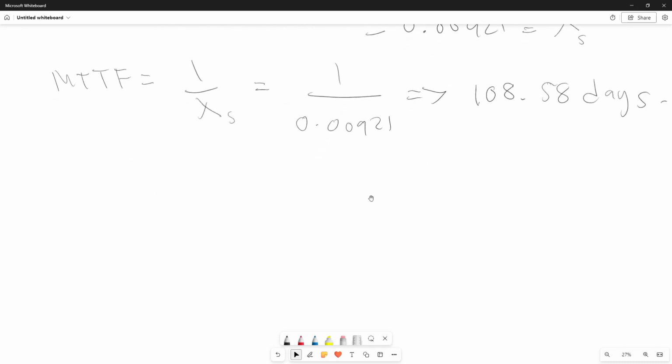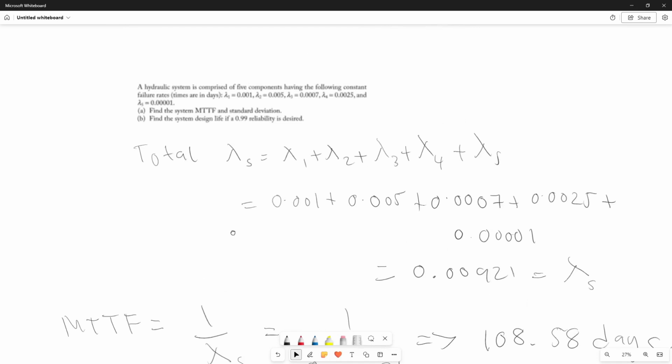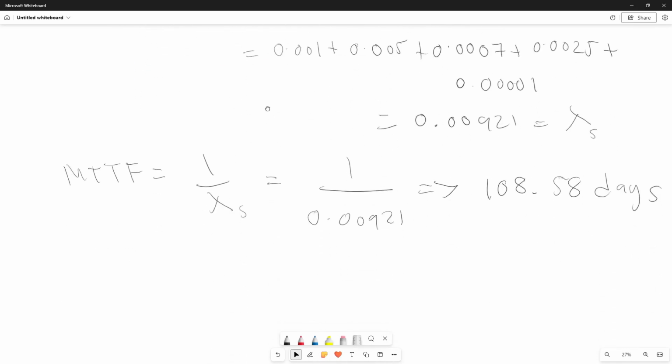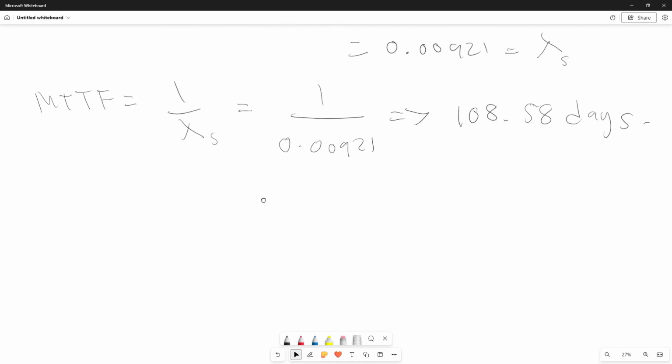So next is the standard deviation. We're still on A. So standard deviation is the square root of variance. The formula for variance, which is sigma squared, is given as 1 over lambda squared. So standard deviation sigma is the square root of variance, so the square root of 1 over lambda squared will give you just 1 over lambda, because the square root of 1 is 1, and the square root of lambda squared is lambda.